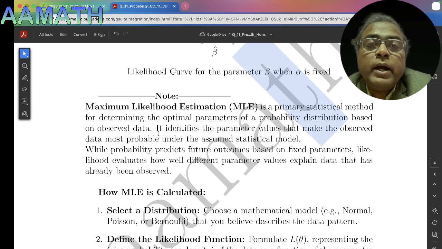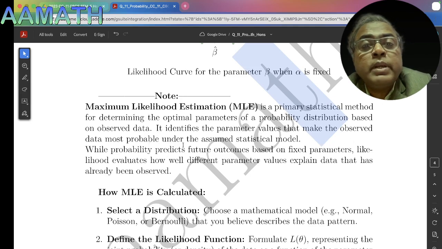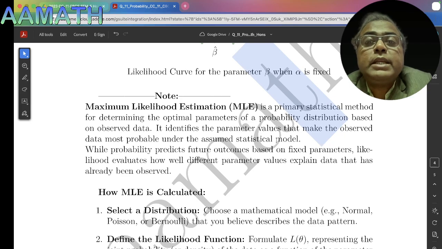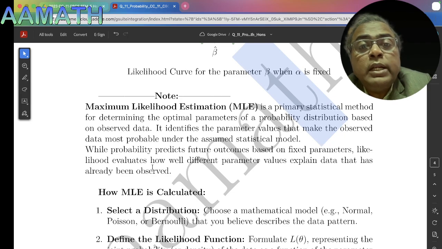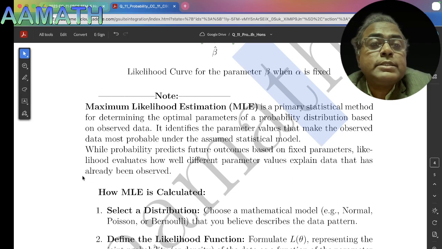It identifies the parameter values that make the observed data most probable under the assumed statistical model. While probability predicts future outcomes based on fixed parameters, likelihood evaluates how well different parameter values explain the data that has already been observed.